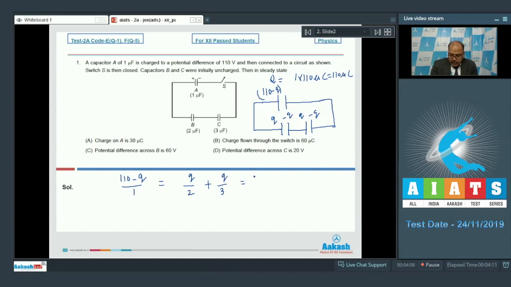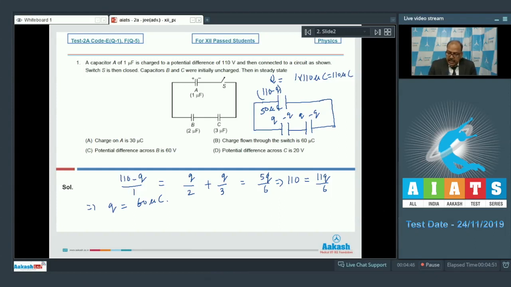This is equal to 5Q by 6. This means we have 110 equal to 11Q by 6, which gives us Q is equal to 60 microcoulomb, which means charge on A now will be equal to 50 microcoulomb. So charge here is now 50 microcoulomb. So option A is obviously incorrect.